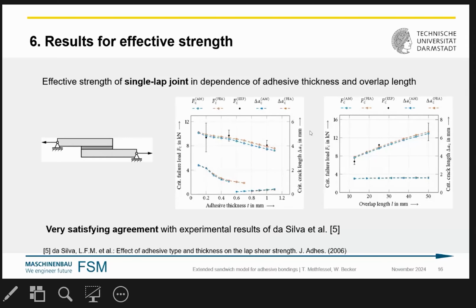Here you see the effect that an increasing adhesive thickness is not good because it goes along with a decreasing effective strength. That's also observed experimentally, and it can be explained and predicted now in this way. And here you see the effect that the failure load increases with an increase of the overlap length, but in an under-proportional manner. And again, this can also be predicted in good correspondence to experimental findings.